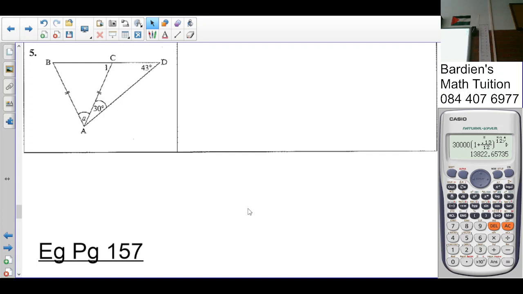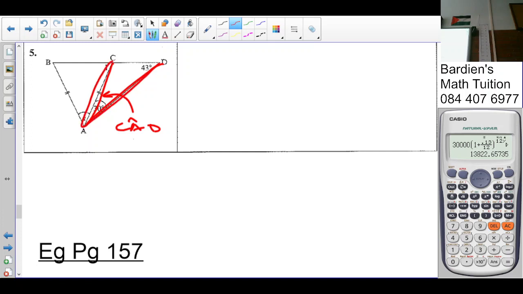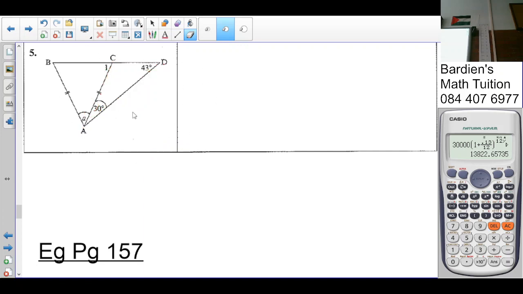This angle here, if you want to name it, it's going to be CAD or DAC. But you guys understand? So you got those two angles. And of course at this point we can then calculate C1.